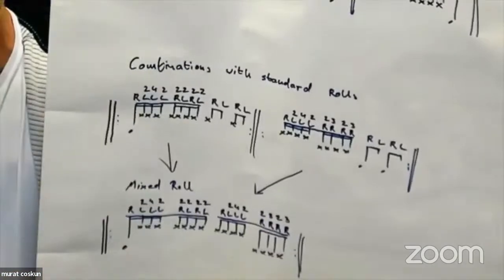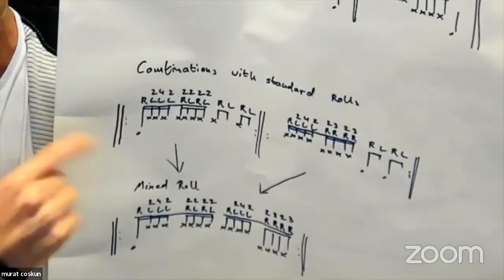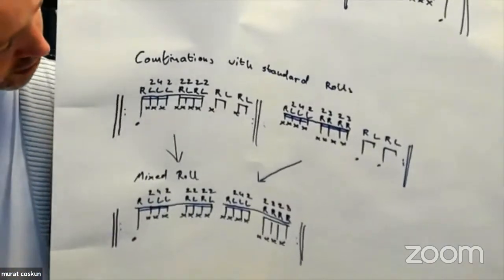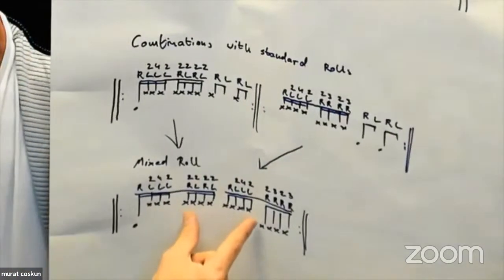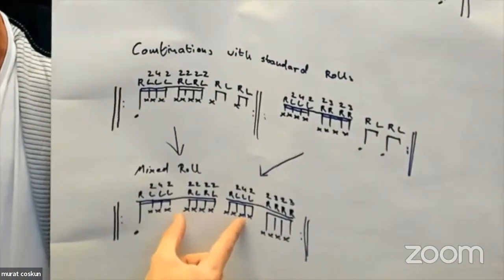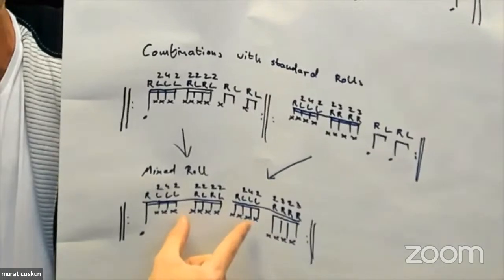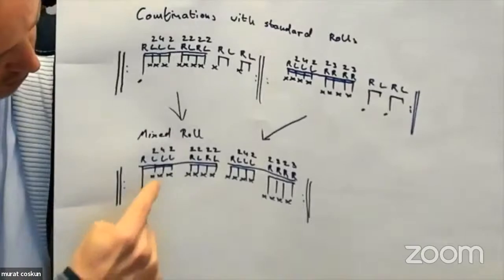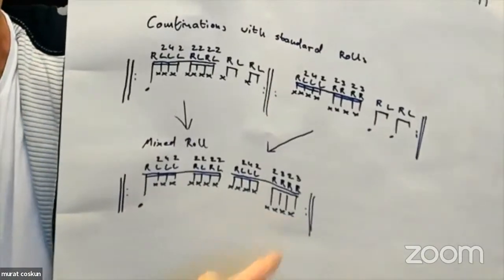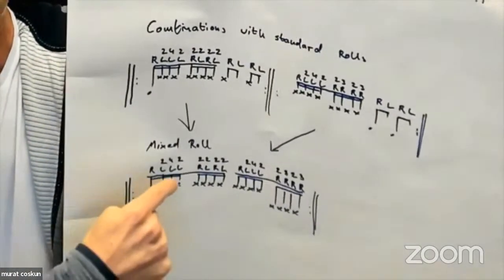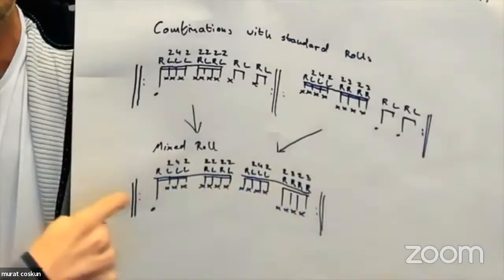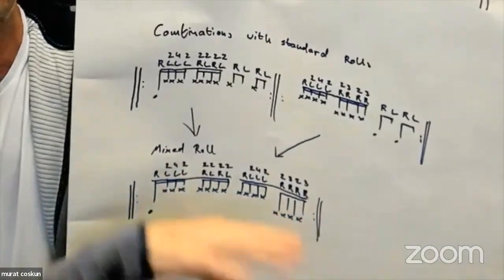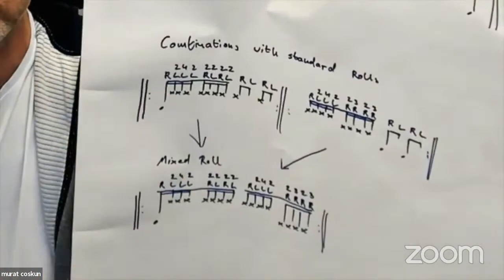It would be a very good idea, if you still have problems, to create an exercise that takes the middle two sections and combines those, and then one exercise to combine the first and the last section. So you have every transition that is in the full roll in small exercises.